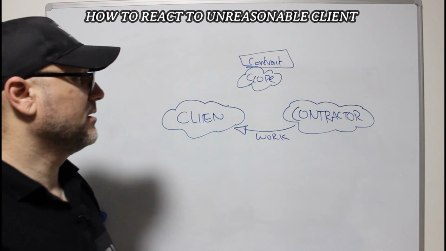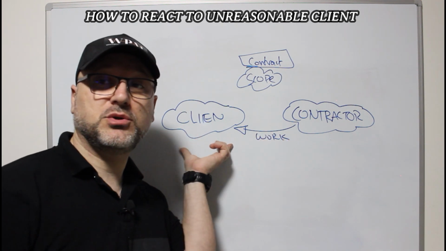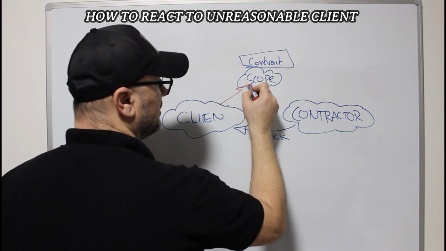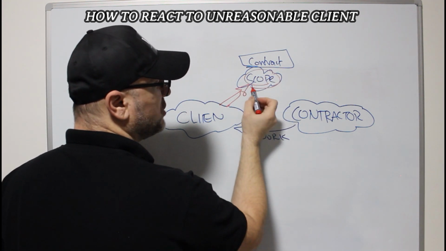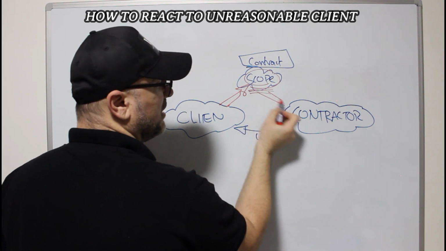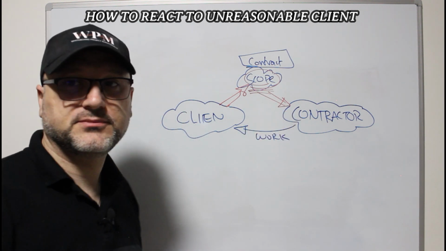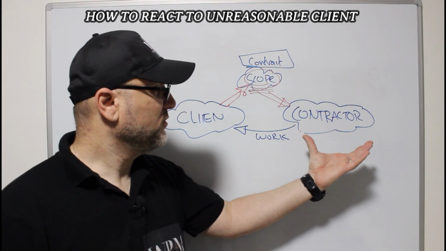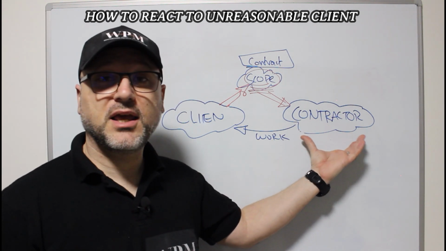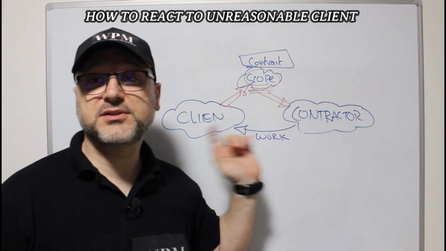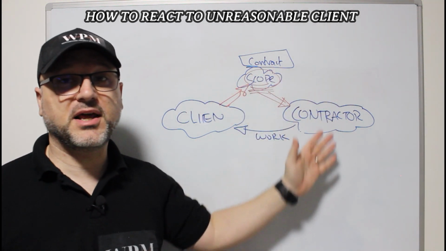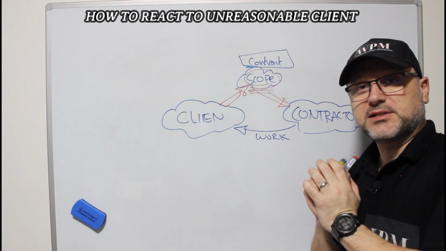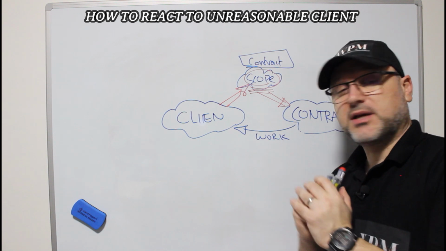Okay, now the client, during the project execution, comes to you and says, listen, I need this scope to be modified and to be applied. And you are in the stage of executing, and this is an unreasonable request from the client. How do you act? Right, now I am on the contractor side and I need to act toward the client.